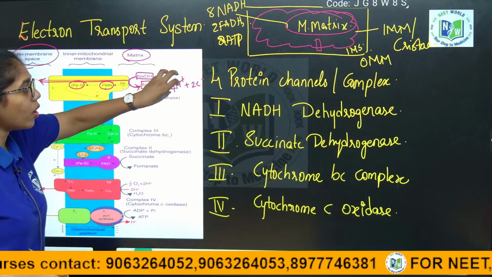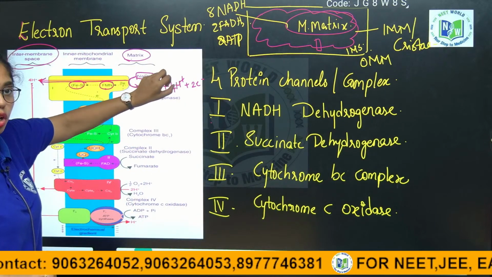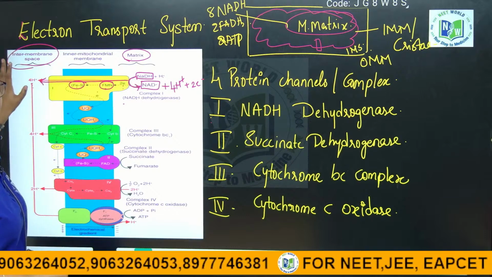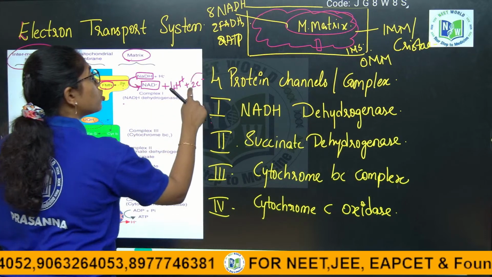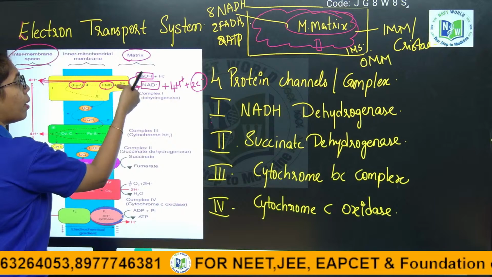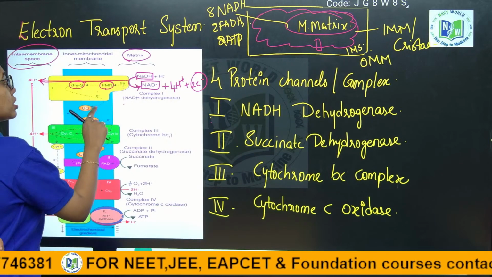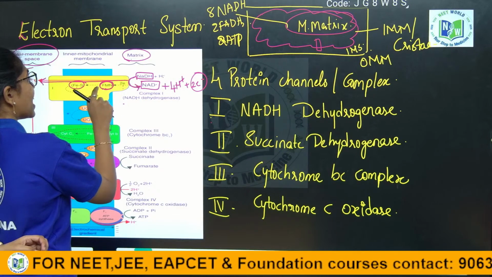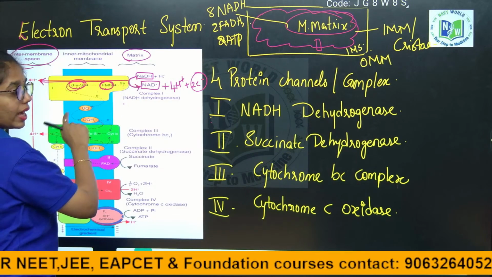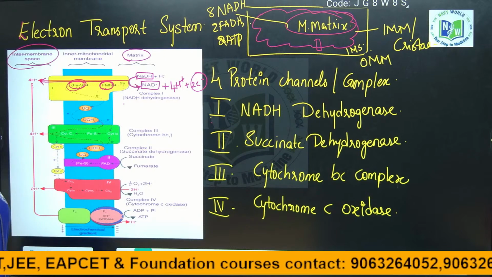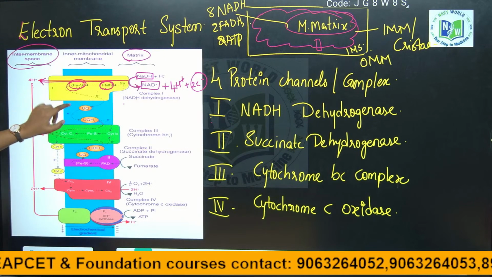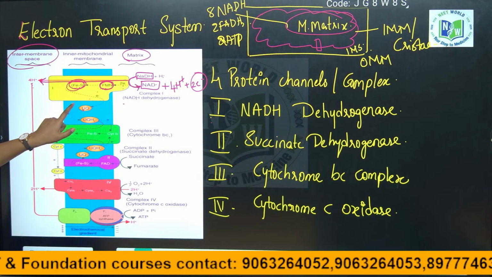NADH releases NAD plus, H plus, electrons: 4 H plus and 2 electrons. These 4 protons are pumped out to the intermembrane space, and the 2 electrons are passed to the protein molecules present in this complex 1, FMN and ferrous sulfur molecule, and then the mobile electron carrier, that is ubiquinone.